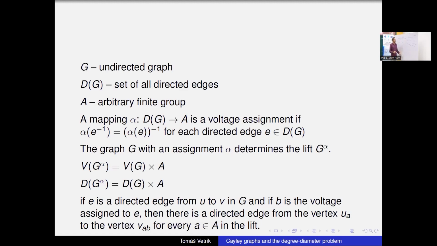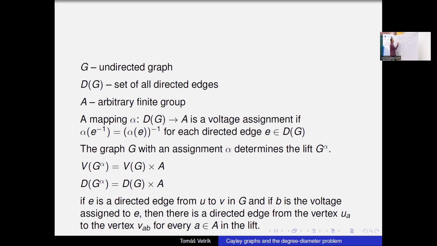And similarly, UA will be connected to VA plus 2. Doesn't matter if we are considering 2 or 3, because since we are undirected, 2 or 3 will bring us to the same graph. 1 or 4 will bring us to the same graph.